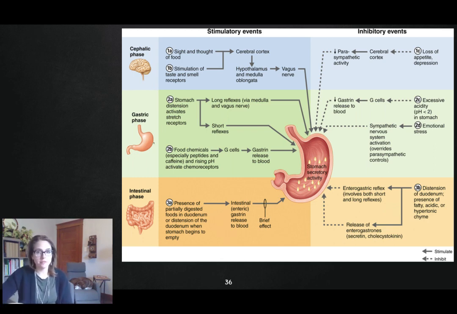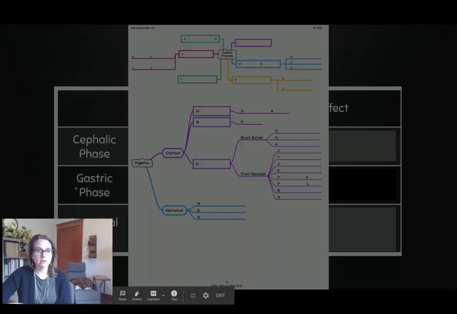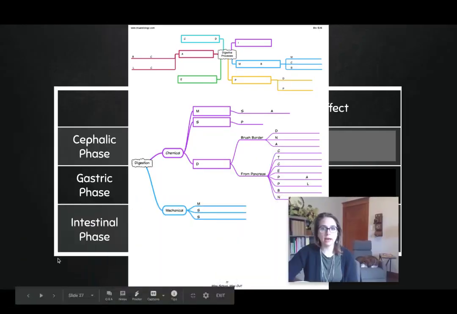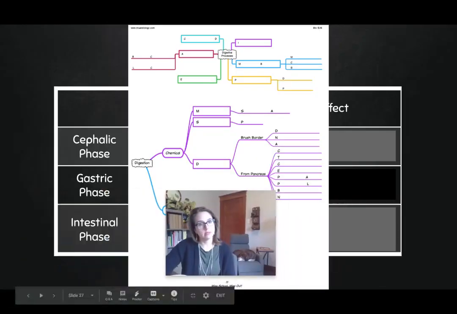The gastric phase, okay, this is when food first reaches your stomach, and it's going to secrete gastrin, which is then going to stimulate all those cells to secrete their digestive components. And then there's also an intestinal phase as well, but we are going to call that the intestinal phase.